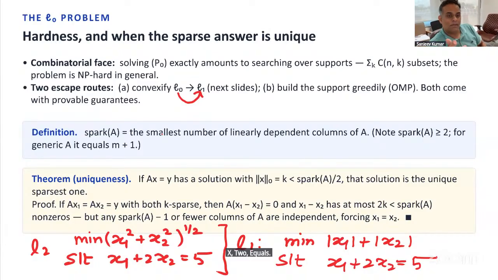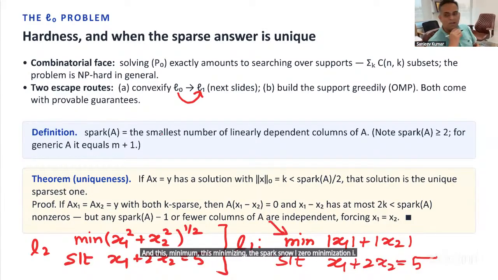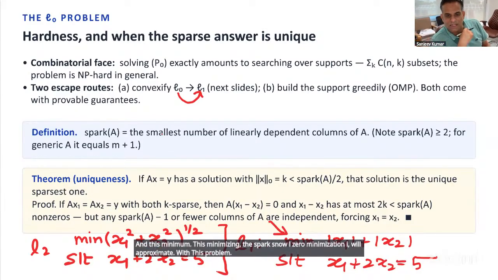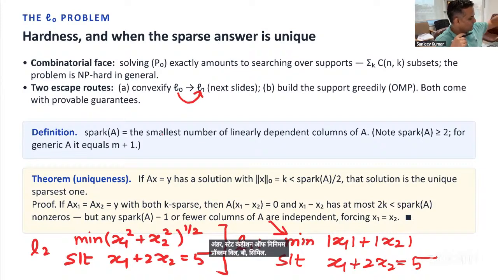Instead of minimizing the sparse norm, the L0 minimization, I will approximate it with this problem. It is a convex optimization problem, and we can have some greedy solution for solving it. Under certain conditions, the solution of this L1 minimization problem will be similar to the L0 minimization problem.